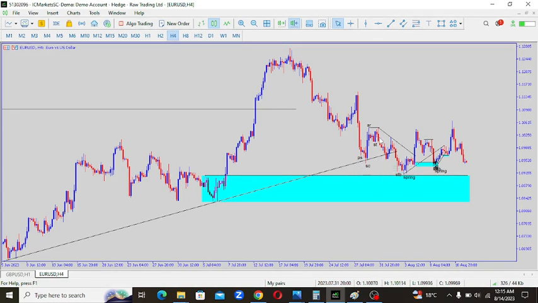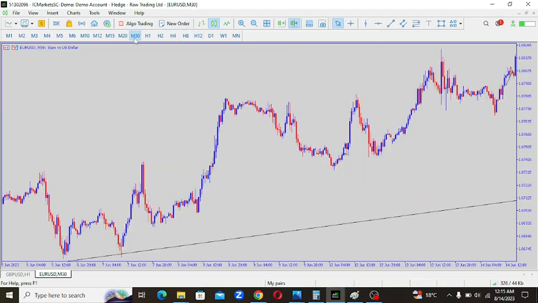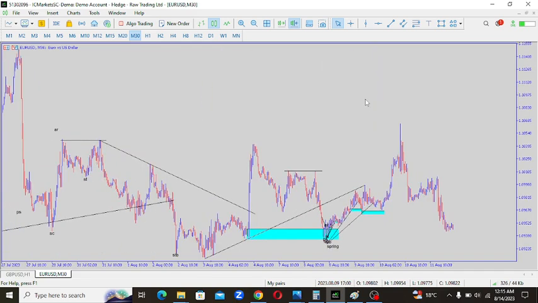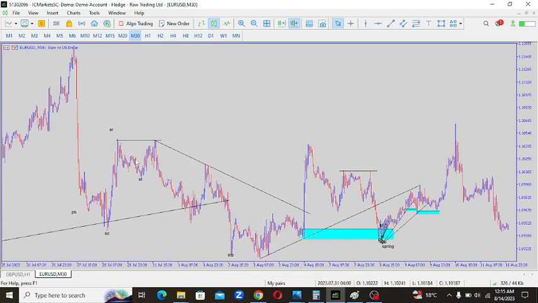So it gave a reaction, second reaction, third reaction, then manipulated people to the downside. That's where our accumulation started accumulating. You see, it's a break of structure, a retest, a second break of structure.